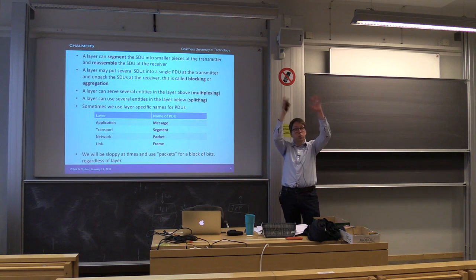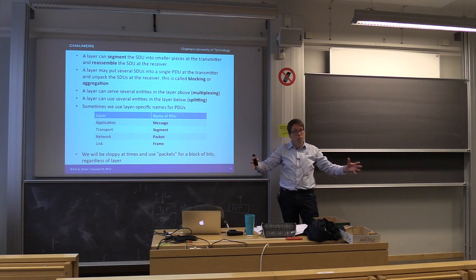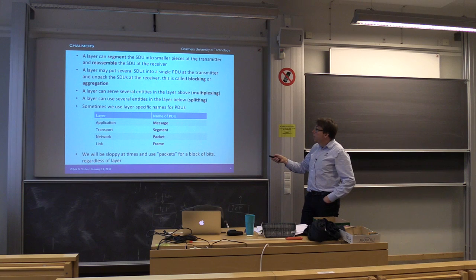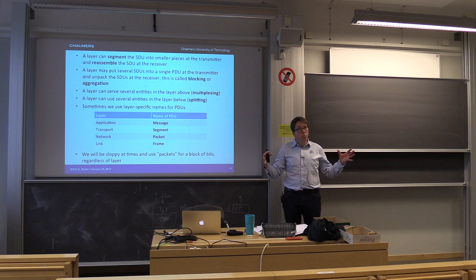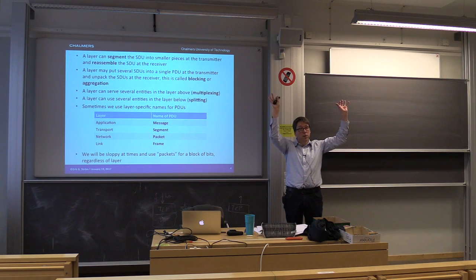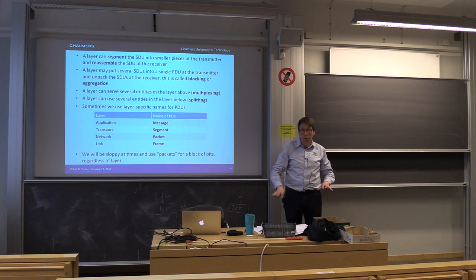So if there are two small pieces, I can put them into a bigger packet. A layer can serve several entities above, and this is called multiplexing. A layer can use several entities below, and this is called splitting. From my perspective, multiplexing means that I can serve many users above me. Splitting means that I use several of the services below me.